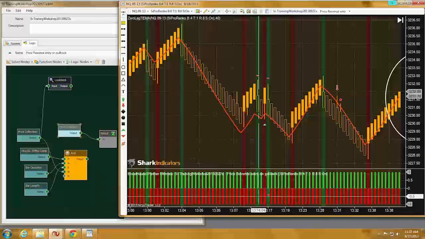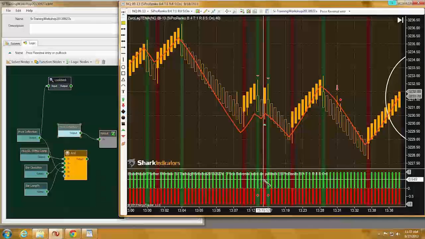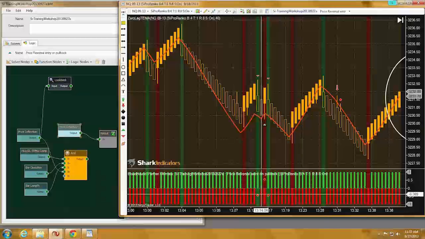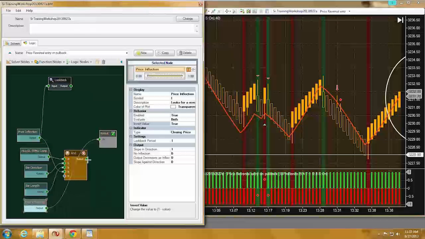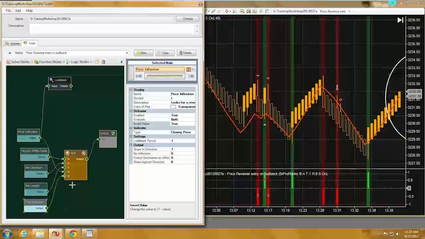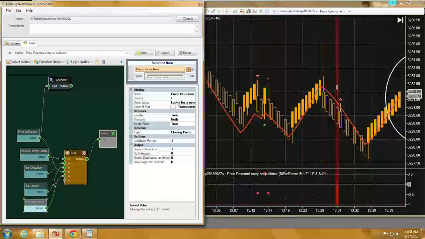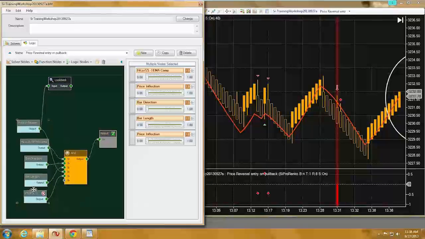We're missing these signals here. Since we're missing these signals, now I can plug this into the AND node as an additional filter. There we go. So this is a much cleaner way of doing it.